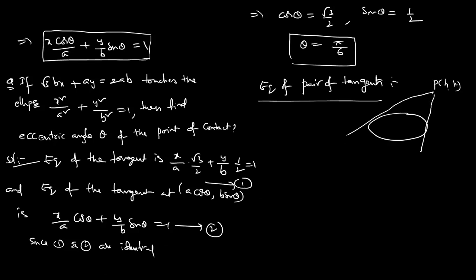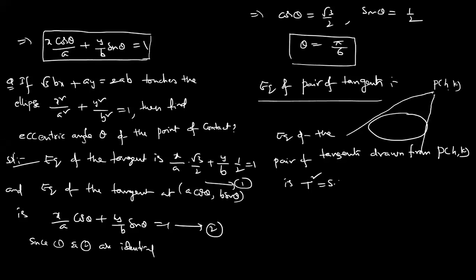Anyone remember it? The equation of the pair of tangents drawn from P(h, k) is, what is that, anyone? T square is equal to S into S1.